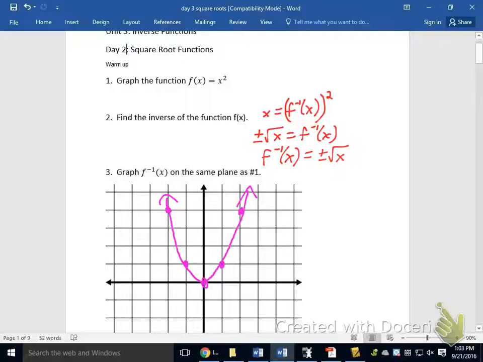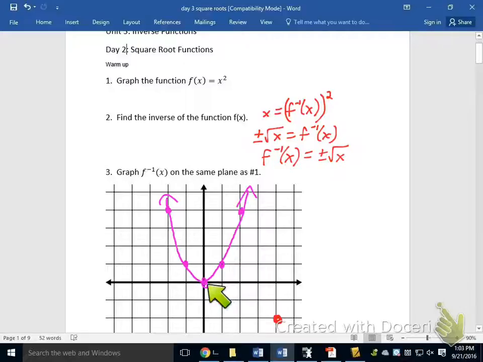Number 3 said to graph that function, and I'm going to do it by inverting each of these points on this graph, and then I'll show you what it's doing. If I take the point negative 2, 4 and invert it, negative 2, 4 would become 4, negative 2. Again, that's reflecting in the line y equals x, swapping x and y. Take the point negative 1, 1, that becomes 1, negative 1.